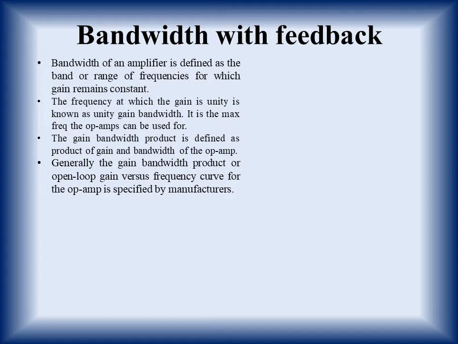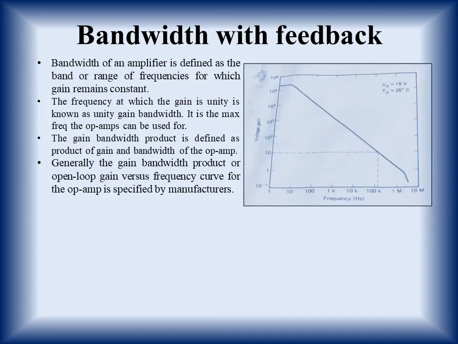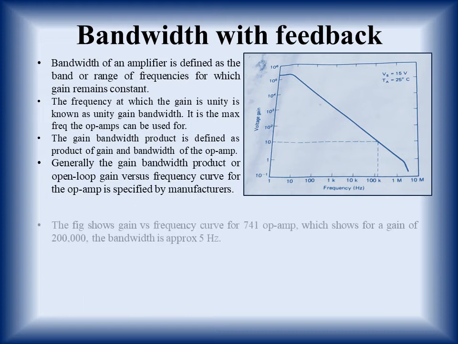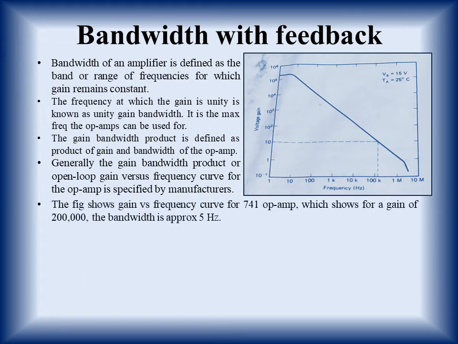One such figure we'll see here. This is the gain versus frequency curve for a 741 operational amplifier. In this figure we see that when the frequency is approximately 5 Hz, the gain is approximately 2 into 10 raised to power 5, and it is constant.